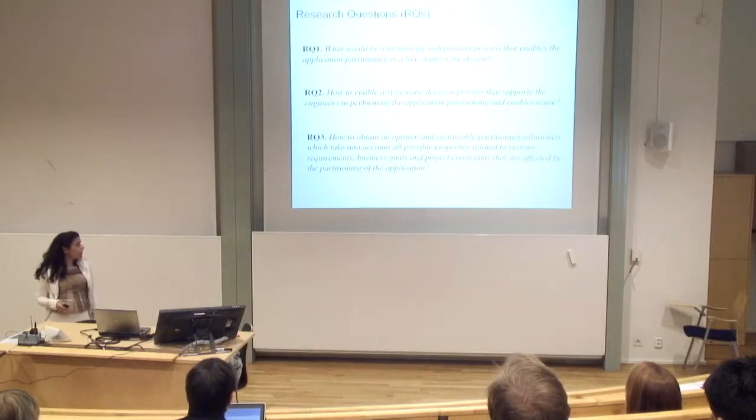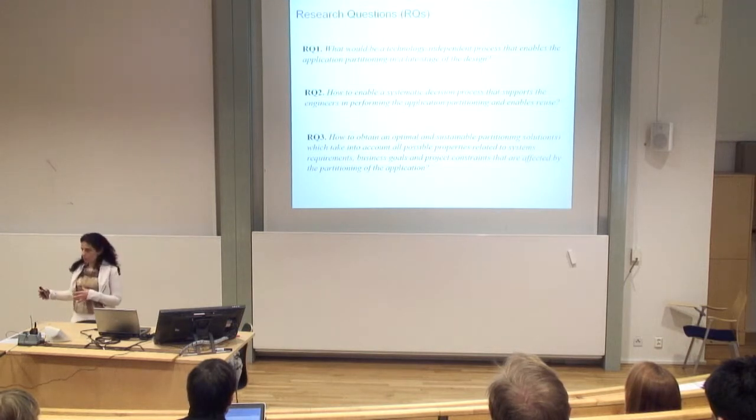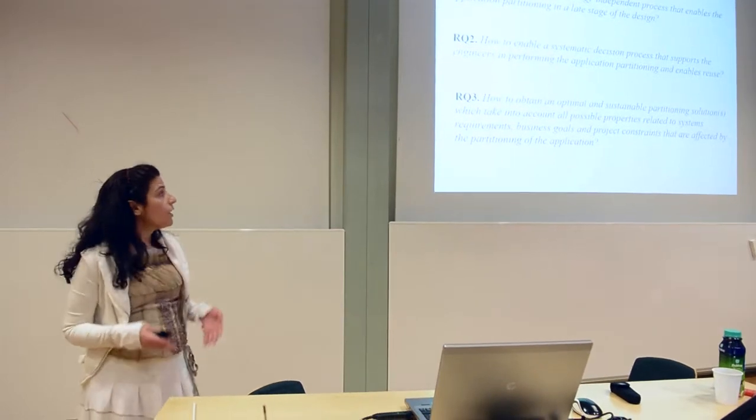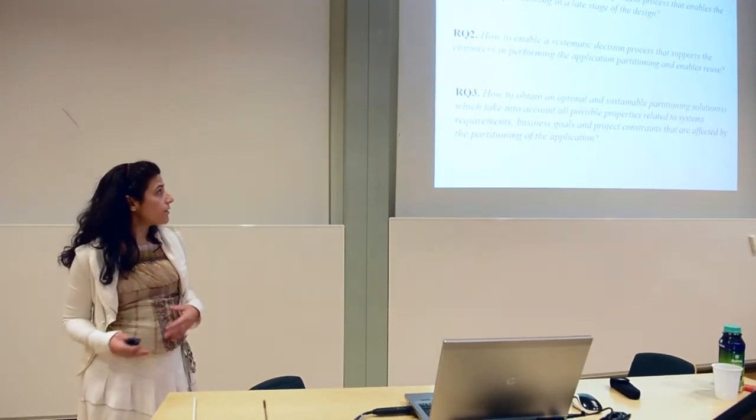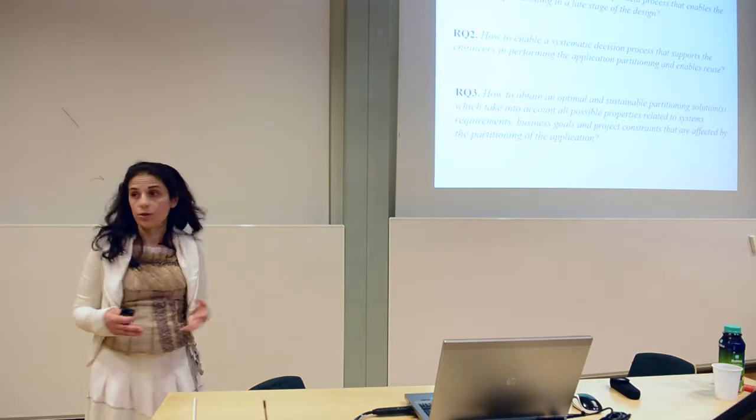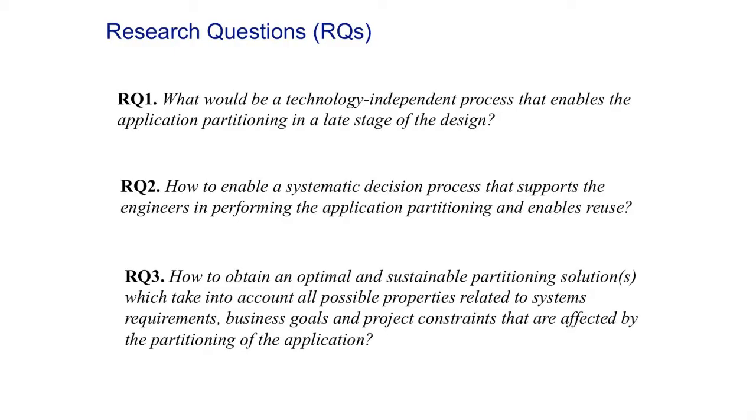And the third one is how to obtain an optimal and sustainable partitioning solution, also for the future, which takes into account all of the properties related to the system requirements, business constraints, goals, and project constraints, such that they affect the partitioning of the application. How can I include all of these aspects in my partitioning solution? How can I be sure that the partitioning solution has taken all of these into account?